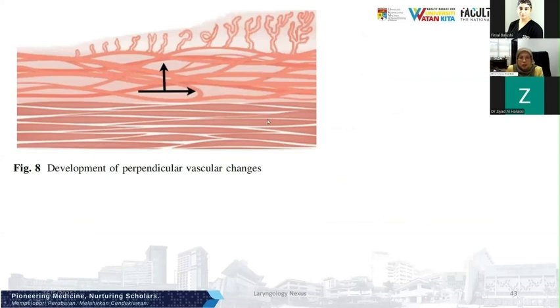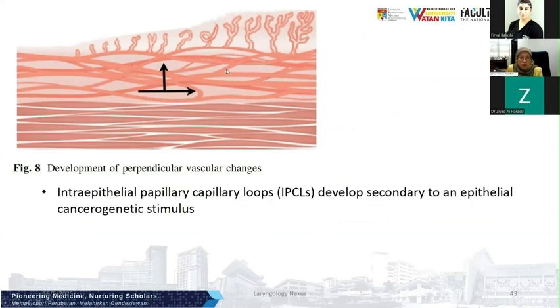This is a diagram published in the paper, showing a cut section of the vocal fold. Here is the muscle. That is the vessel which is parallel to the muscle of the vocal fold. And here is the lesion. And that is the perpendicular vessel, which is produced by angiogenesis.